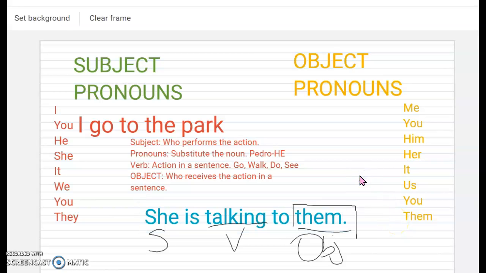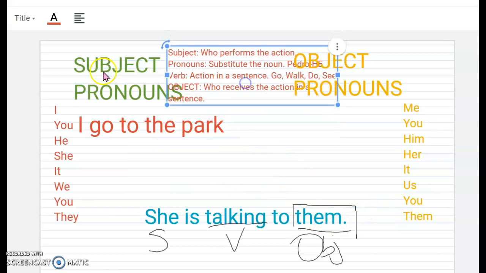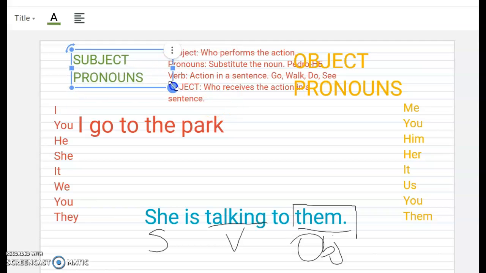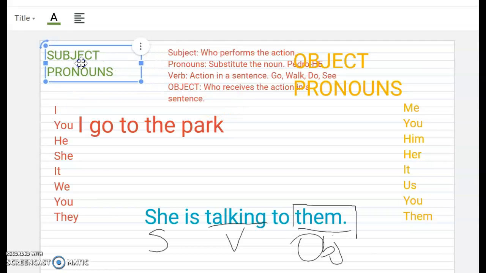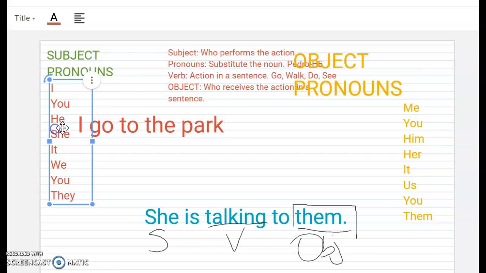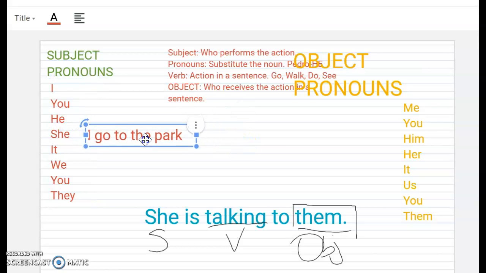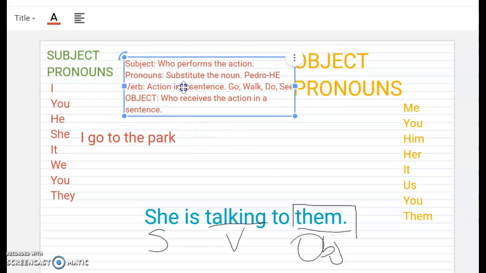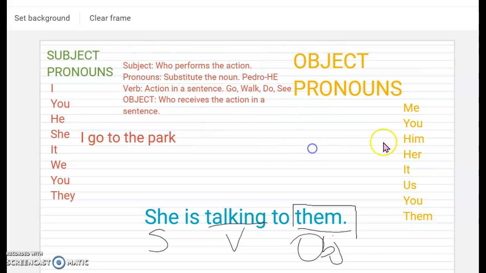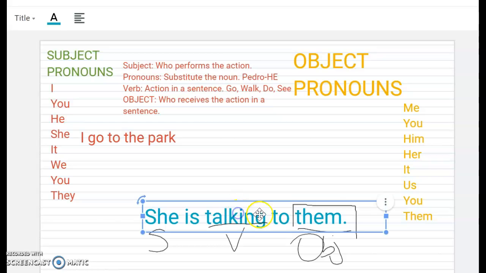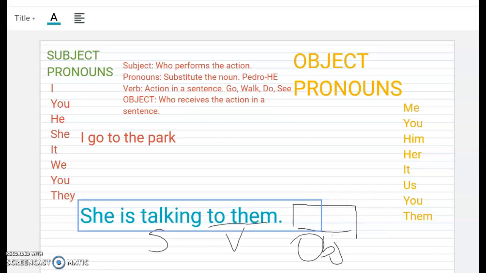So as you can see, we can use these object pronouns again to tell who is the person, the animal, or thing receiving the action in a sentence. The subject is the one that performs the action, and then the object is the one that receives this action.